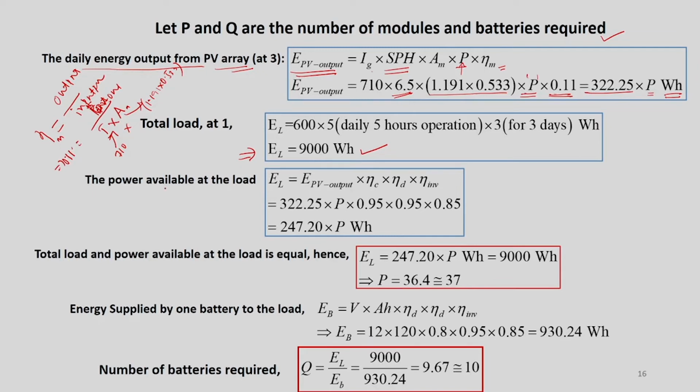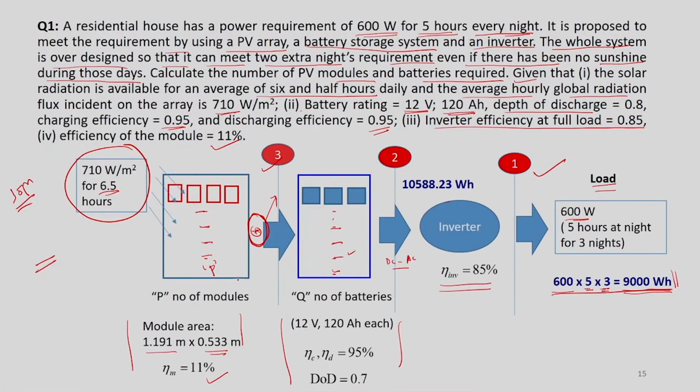And the power available at the load, if we come from the left side, okay, if I am interested to calculate this P, how much power will be available here, because we know the charge-discharge efficiency and the inverter efficiency, right. So, that means 5% inefficiencies will be there and 15% inefficiencies will be there, okay.